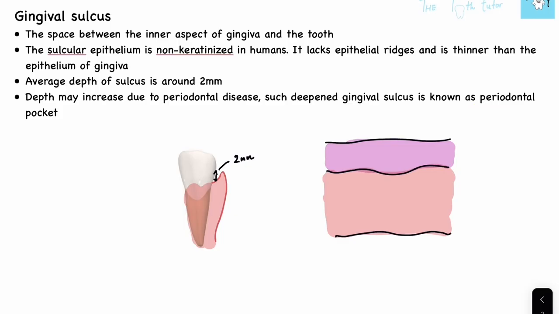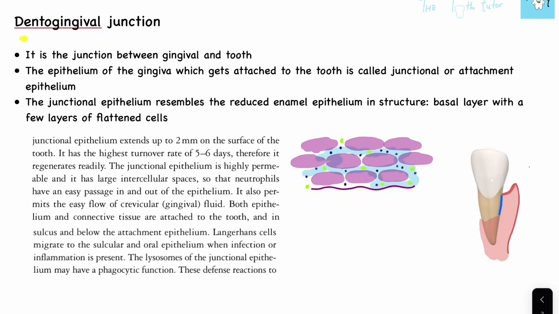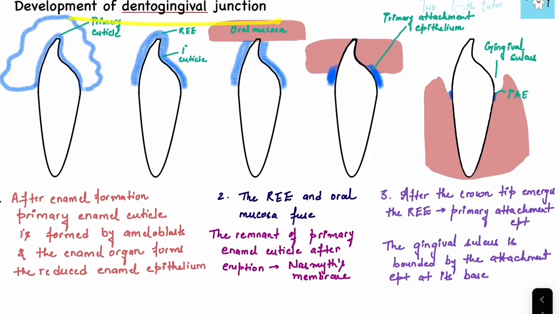Moving on, the next topic is the dentogingival junction. We'll talk about the epithelium at the dentogingival junction, and then its development.